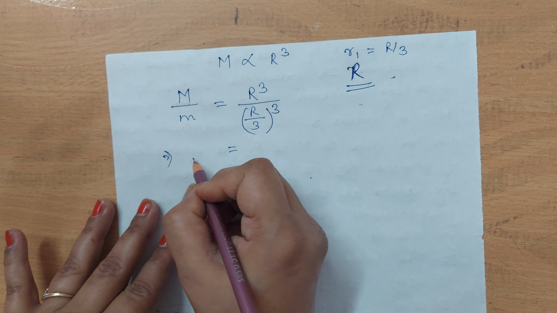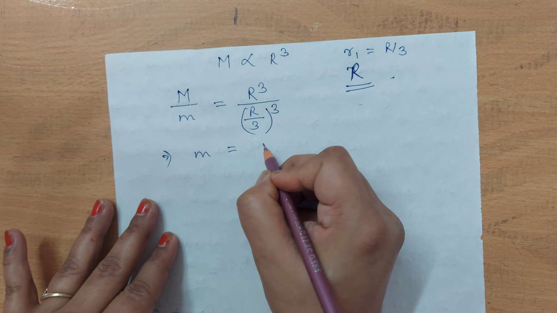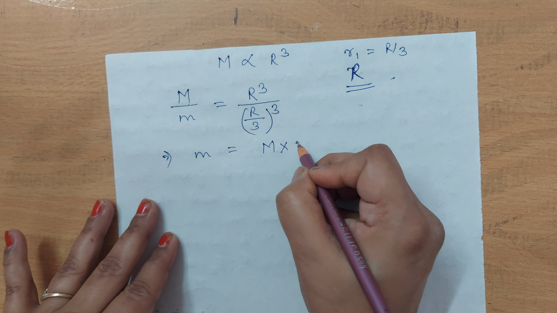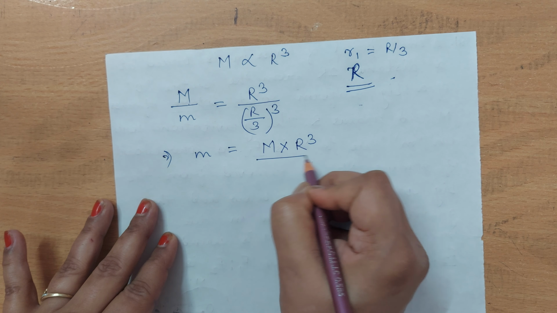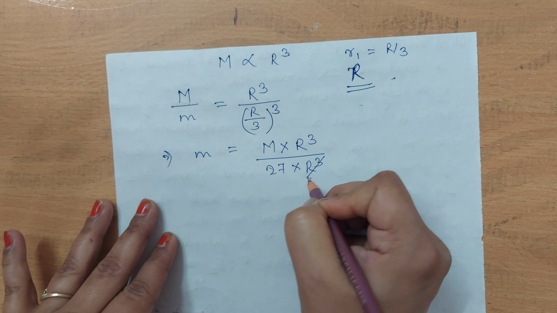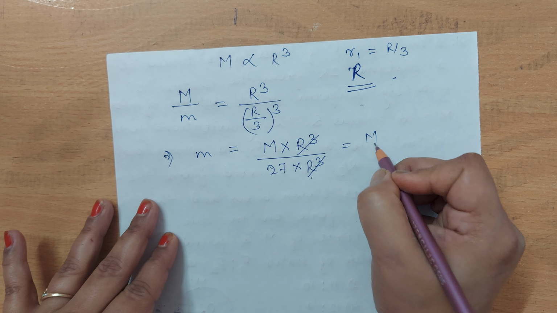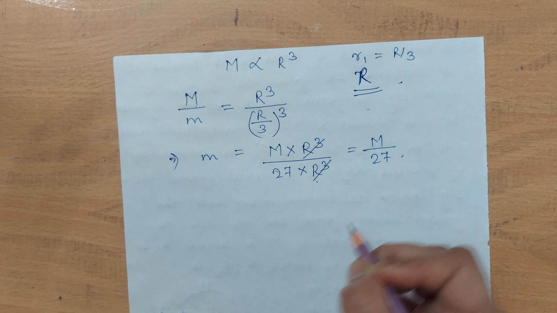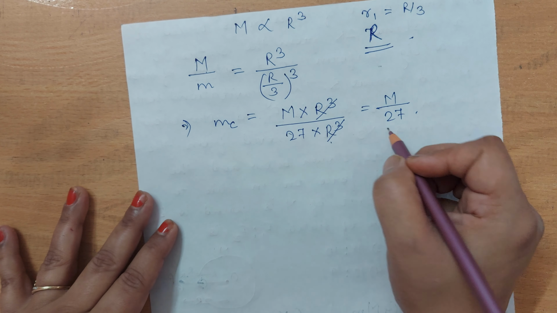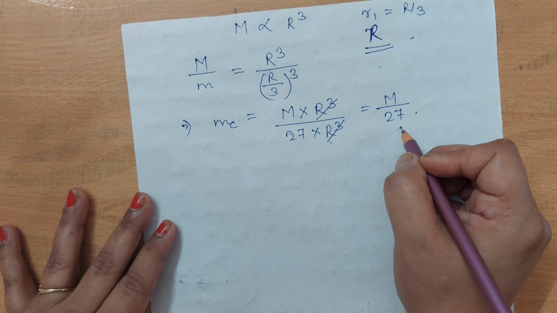So from here we can write mc is equal to capital M multiplied by R cube by 27 into R cube. These two will get cut, so it is equal to M by 27. So this mc represents the mass of the small spherical part which is removed.